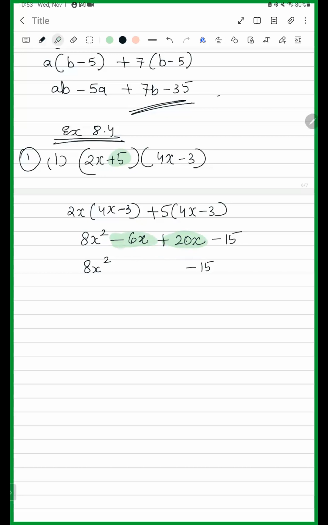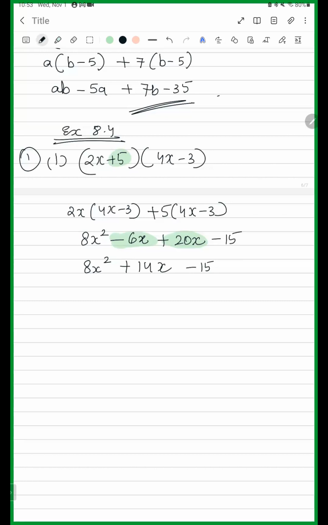But say what is minus 6 plus 20? 20 minus 6. What is 20 minus 6? Oh, sorry, 14. 14x, right? Fine. So 14x. This is the final answer.